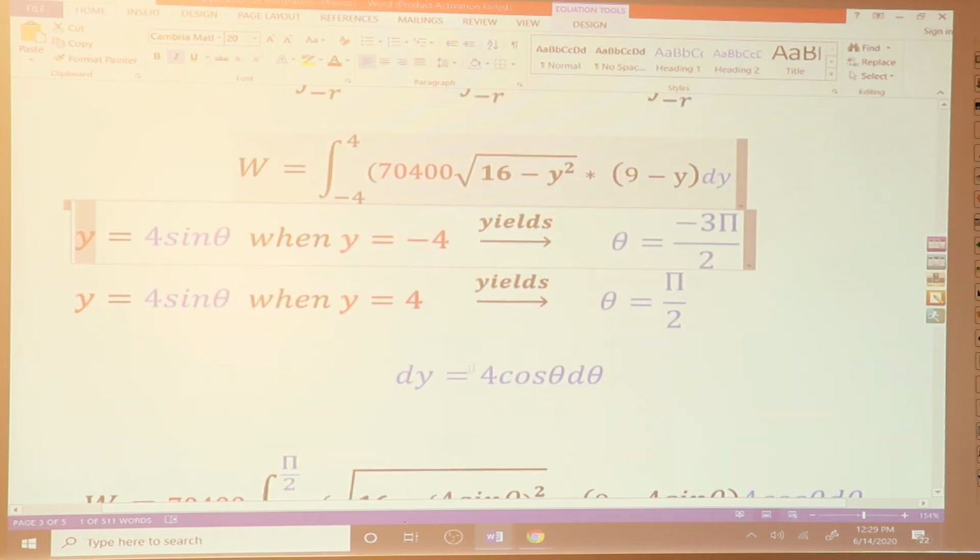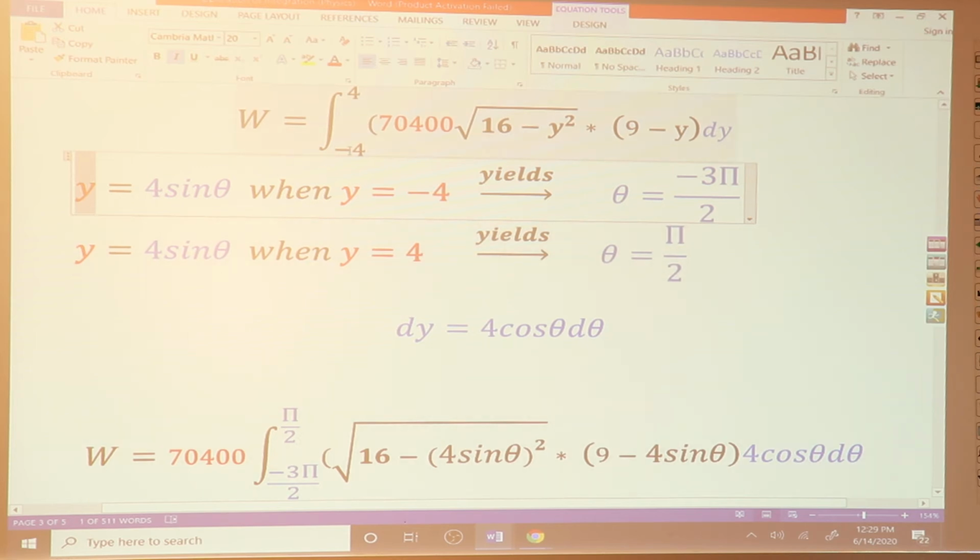Now, what else do you have to find? dy. If y equals 4 sine theta, dy equals 4 cosine theta d theta. Then go to this integration, change the limits from negative 4 to 4, to negative pi over 2 to pi over 2.